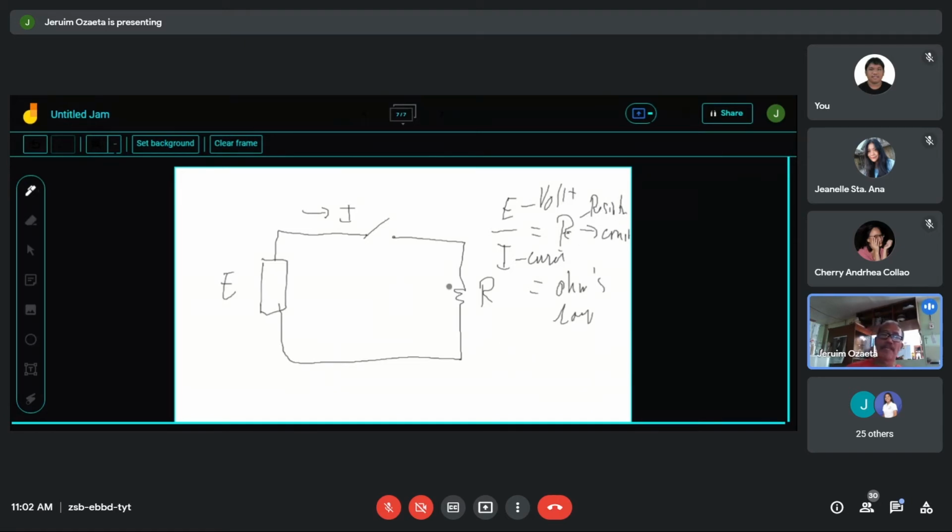Alam mo ang electrical engineering, all throughout the course, it will always talk with the voltage, current, and the resistance. Sometimes the resistance is called your impedance, because it can be either the pure resistor or can be an inductor or a capacitor.